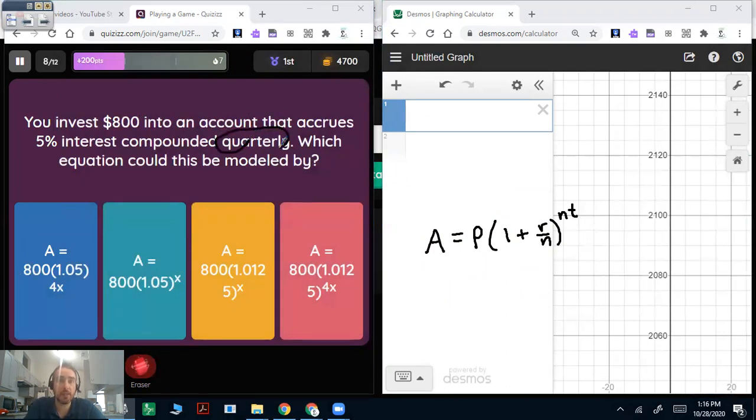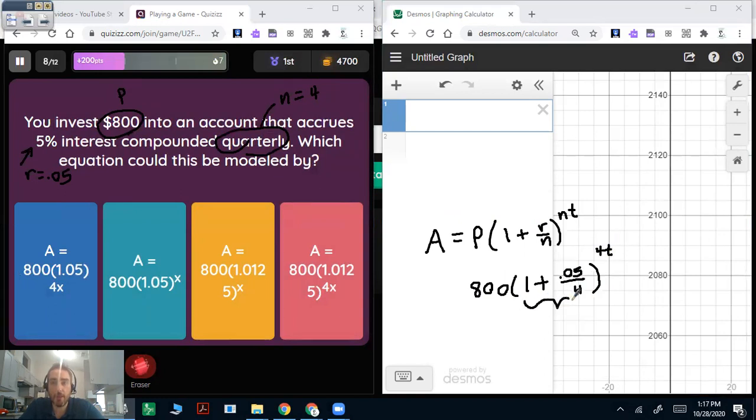Quarterly means it's compounded 4 times a year, 4 quarters in 1 year. So n is going to be 4. Your P is your initial amount, and your rate is still 5%, which is 0.05. So we have $800, parentheses 1 plus 0.05 over 4, but we also put the 4t in the parentheses.